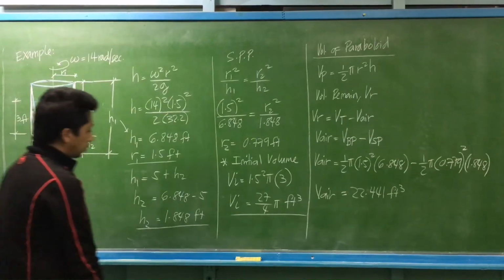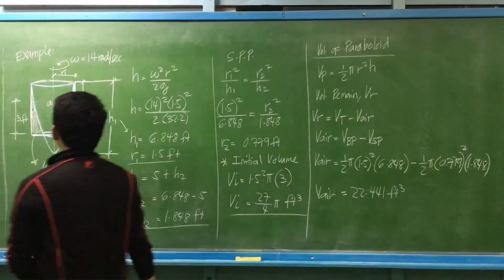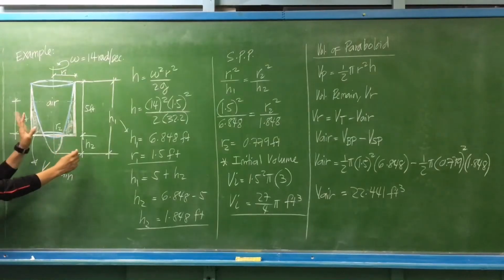So, how to determine the volume remain? How do we get the volume of the water at the side?